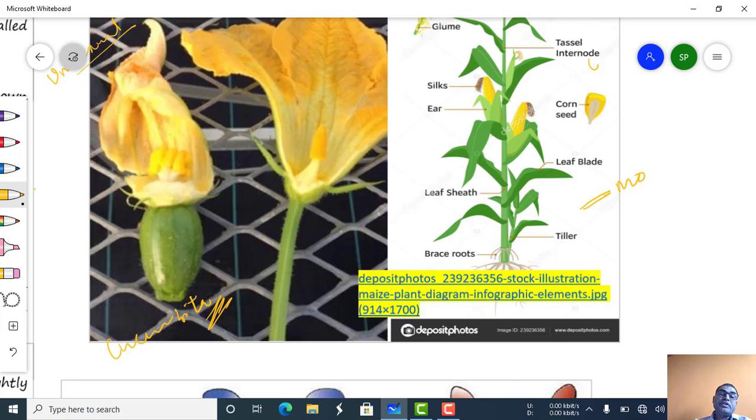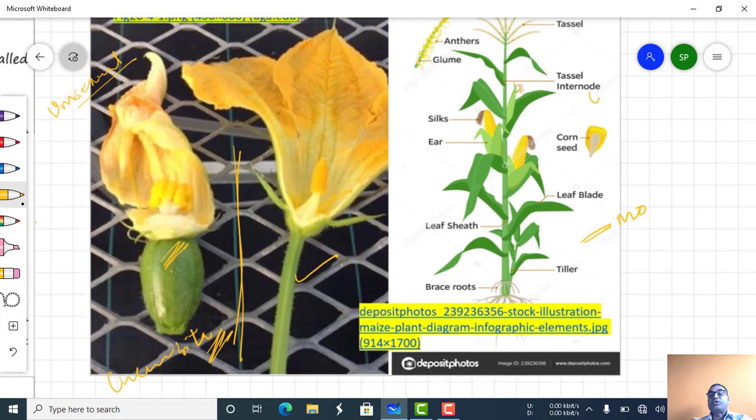Okay, so this one is a male flower, this one is a female flower. So in case of the cucurbitaceae family, or in case of the papaya plant, the male flower bearing plant is separate and the female flower bearing plant is separate. So in this case, these plants are called dioecious plants.